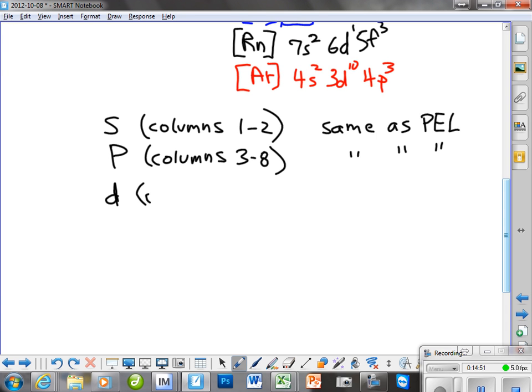So, that's what I'm going to put down here for the d's. For the d block, what do we have? We subtract 1 to get the sublevel number.